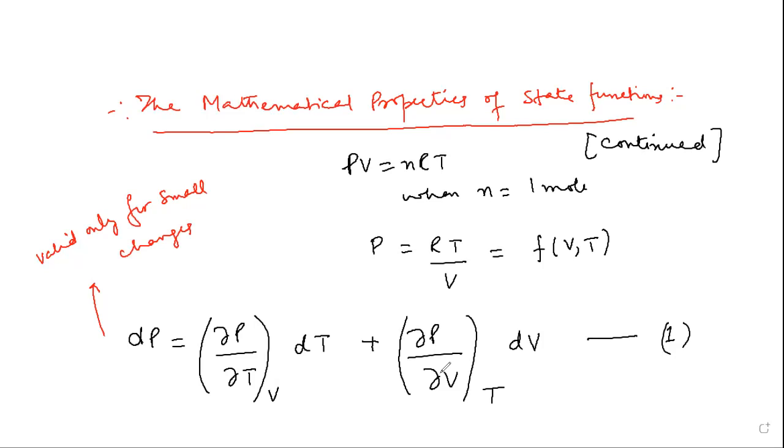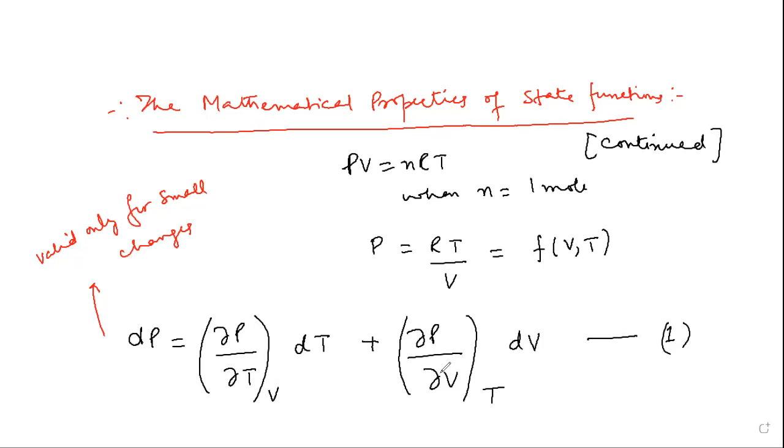Then we differentiated the result with respect to temperature, keeping volume constant. We got minus R by V square as our outcome for this ideal gas. Then we did the reverse. We first differentiated pressure with respect to temperature partially, keeping volume fixed. Then the result was differentiated with respect to volume, keeping temperature fixed. We got the same outcome, minus R by V square.